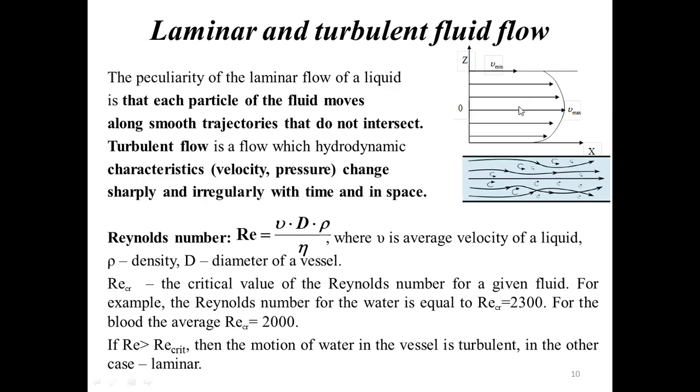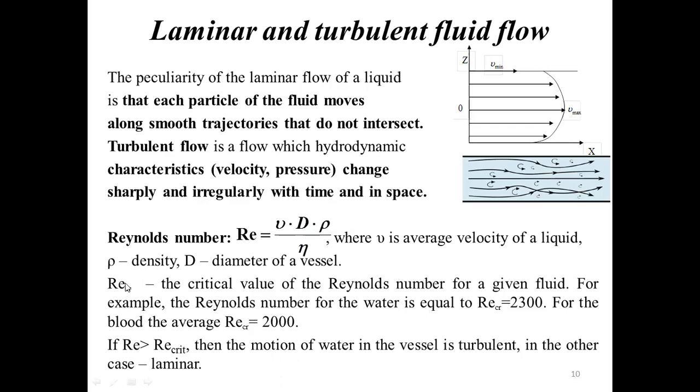To estimate the probability of turning of laminar to turbulent mode of motion and vice versa, we use parameters such as the Reynolds number, which can be defined according to this formula. Here we have V, the average linear velocity of liquid, rho, the density, and D, the internal diameter of the vessel.